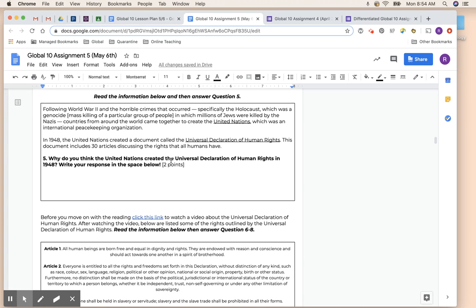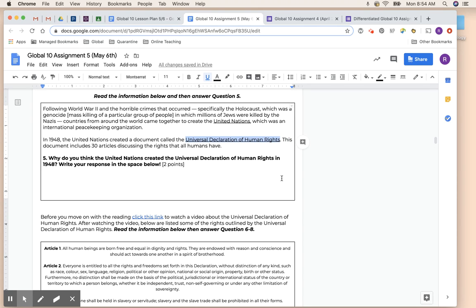There's a short reading here that basically says that after World War II, and specifically the Holocaust, people were like, we need to come up with a solution. If you remember, we actually learned about this already, the United Nations was created to keep peace. Additionally, a few years after they were created, they created a document called, and it's underlined here, the Universal Declaration of Human Rights.